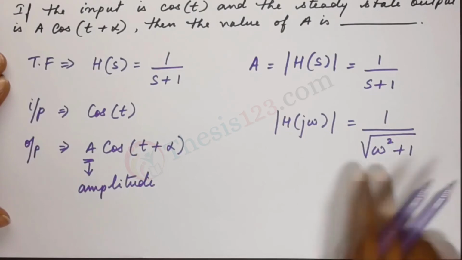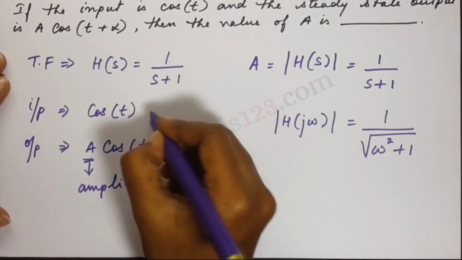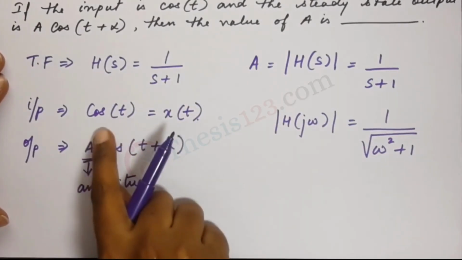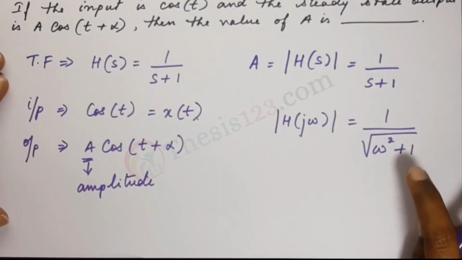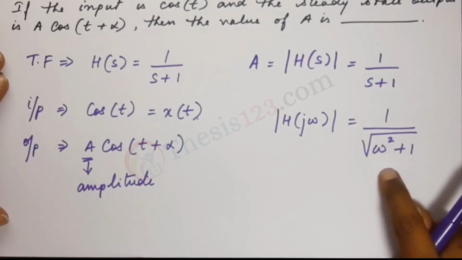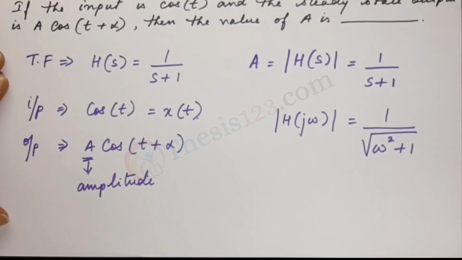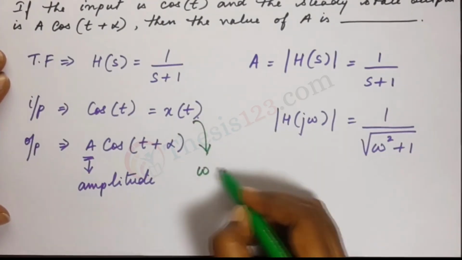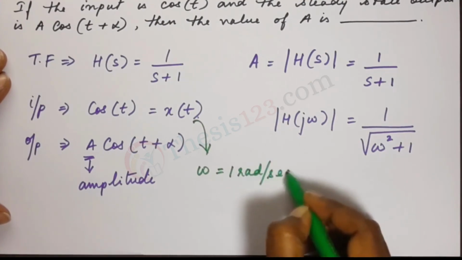Now this is because the input is given as cos t. So if the input is cos t, that means this is x of t. So if x of t is cos t, omega is 1 radian per second. So we have to substitute the value of omega here in order to get the value of A. So from here we see that omega is equal to 1 radian per second.